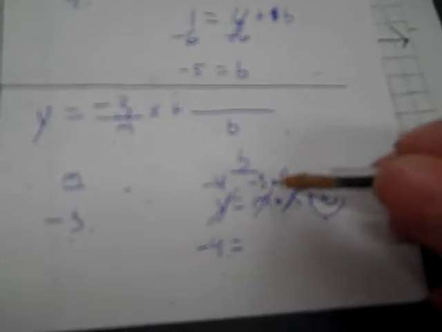Now to find this, it's y equals m times x plus b. Okay, I eliminate these three variables, put a 1 in front. Okay, so y is negative 4. M is negative 3. And the x is 8. So I have negative 4 by itself, and then I need to do an operation there.